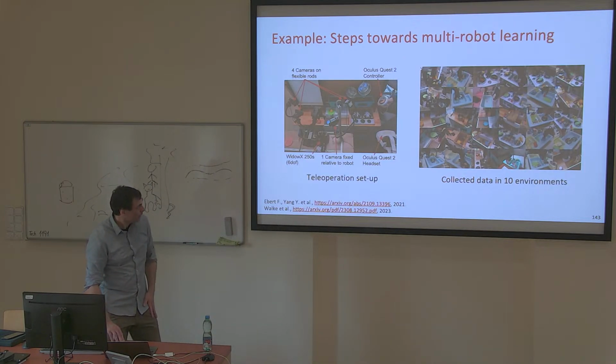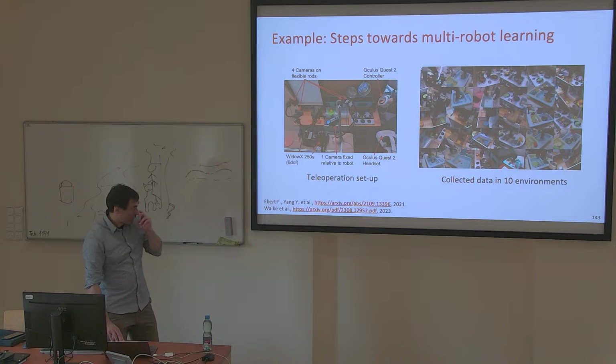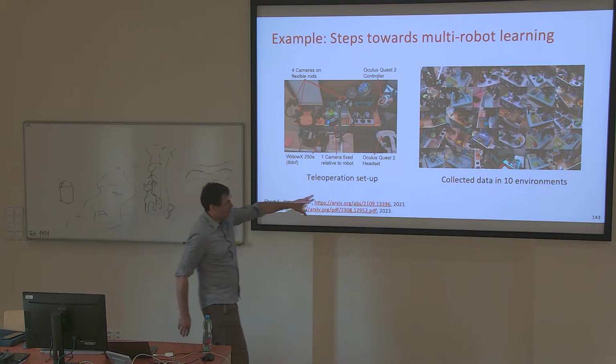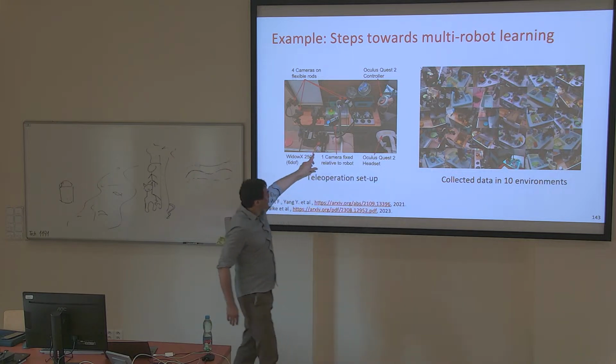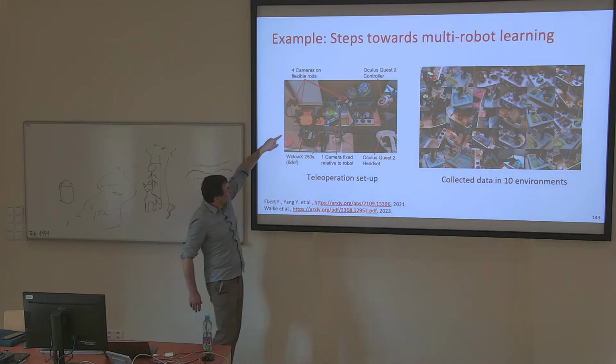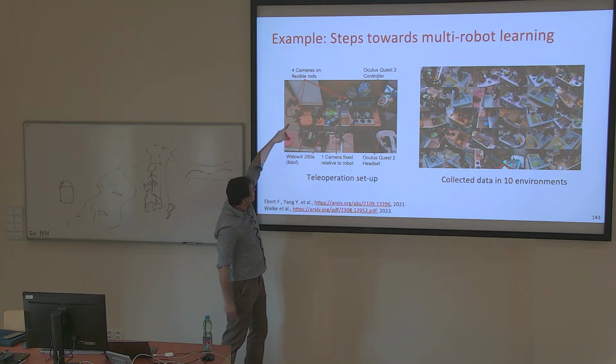Another example is getting to teleoperation, a bit later. This is a kids' kitchen environment in the lab. It's not quite visible, but there is a bimanual setup with multiple cameras. It's a bit busy scene.